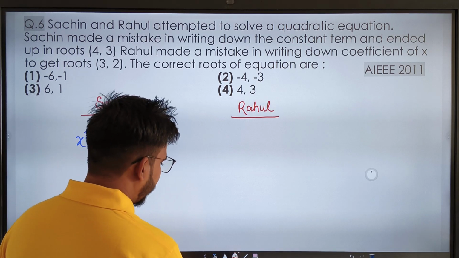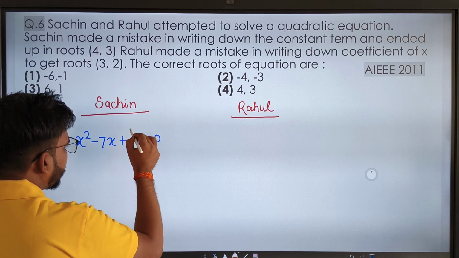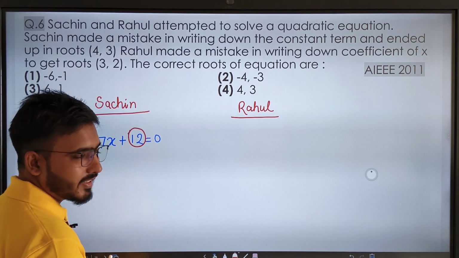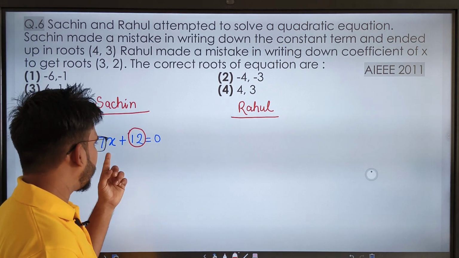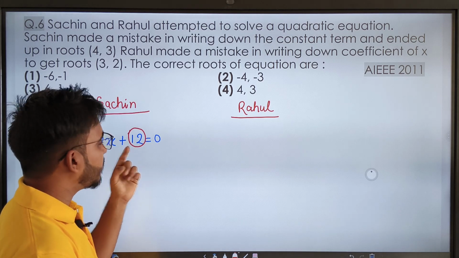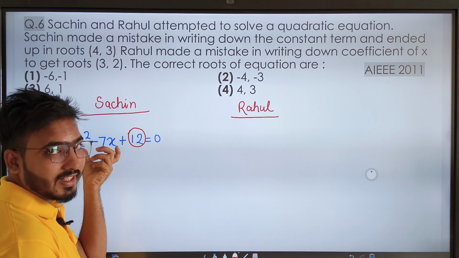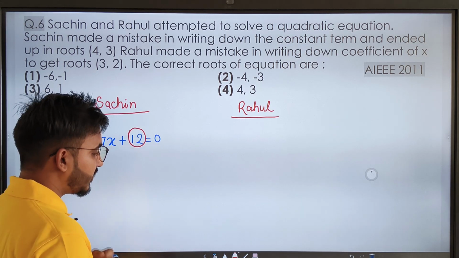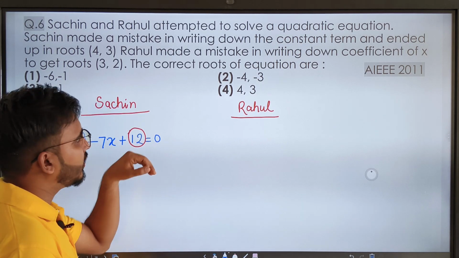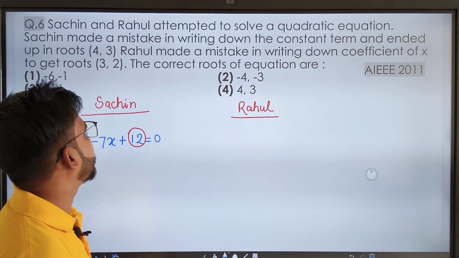But he made a mistake in writing down the constant term. It means the constant term is wrong, and the coefficient of x and this entire term is right.